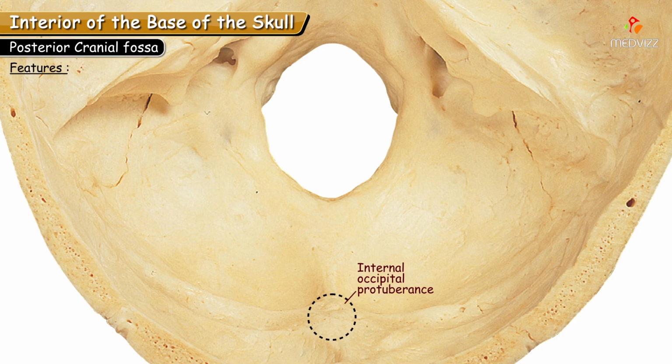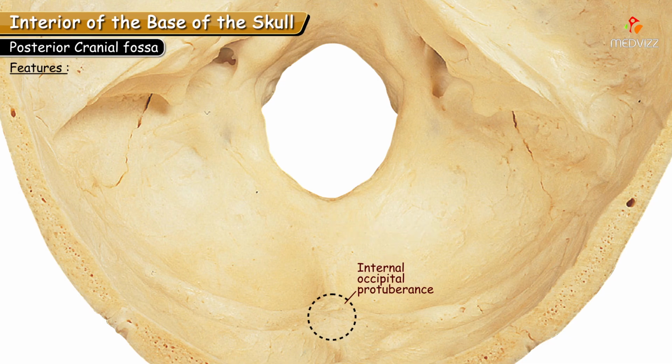In line with this external occipital protuberance, the projection on inside is internal occipital protuberance. This point is important because it is related to joining of most of the dural venous sinuses which are present around the brain. So this point is otherwise called as confluence of dural venous sinuses.